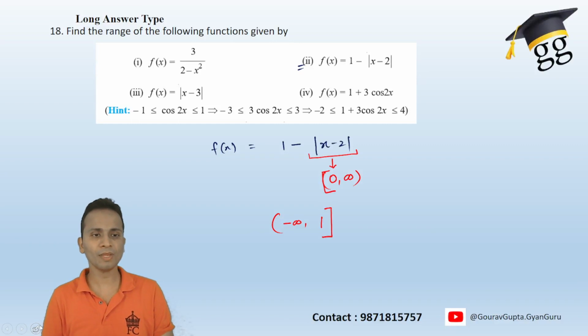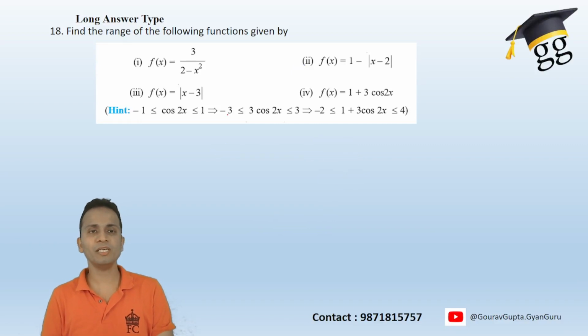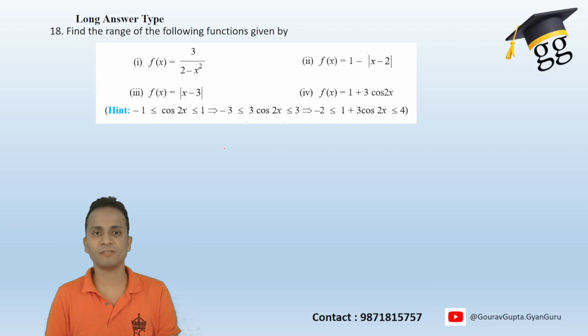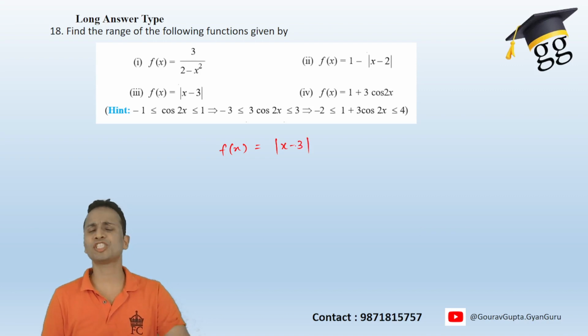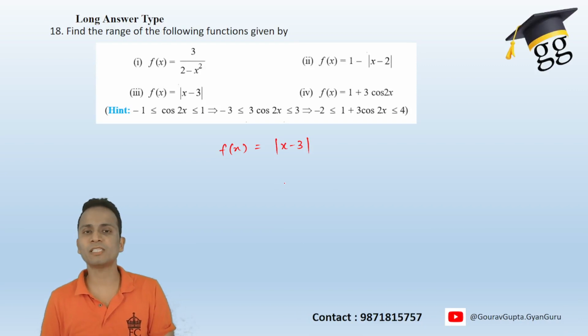Okay, moving on to part number 3, f of x is equal to modulus of x minus 3. Now this is any other modulus function, any random modulus function which can never be negative. So I can say that the range will be starting from 0 up till infinity, where 0 is included, right?